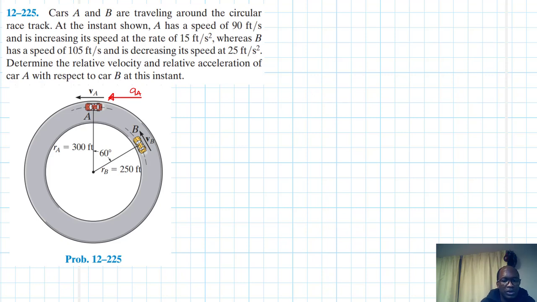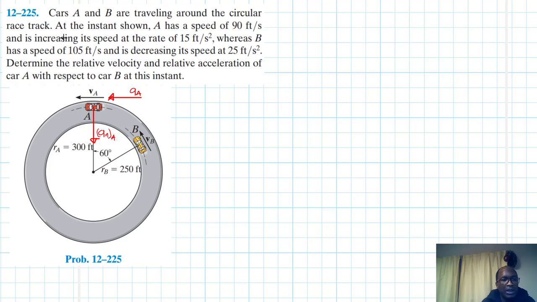And of course, this also experiences some normal or centripetal acceleration that we're going to call a_n. Sorry, this is a_t.